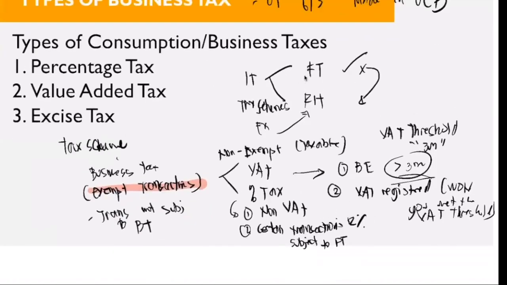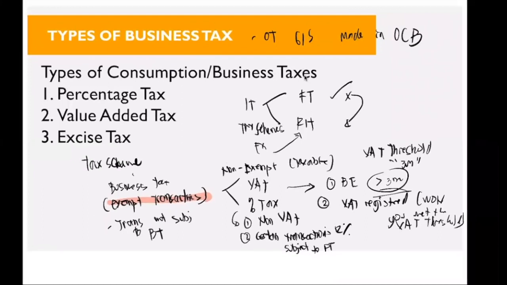Okay? So these are different transactions or different business entities that are subject to percentage tax. We will learn soon what these different entities or business transactions subject to percentage tax are.